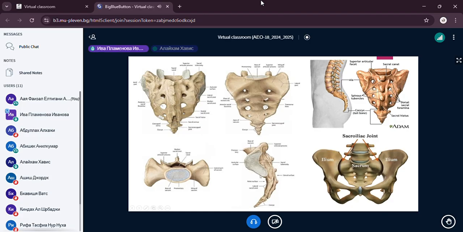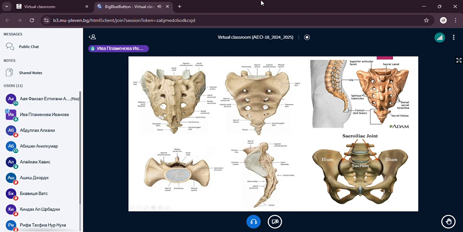And here, that's the lateral view and the lateral surface of the sacrum. It looks like an ear, so it is called auricula or facies auricularis, or in English, auricular surface.